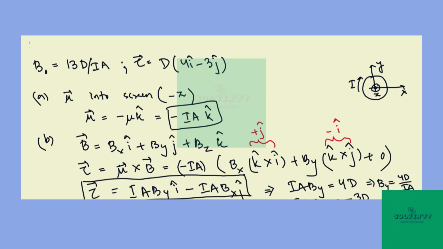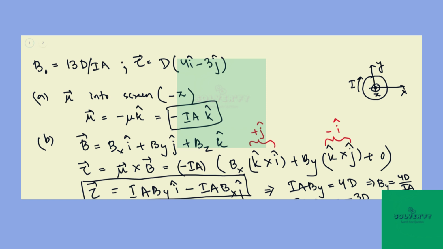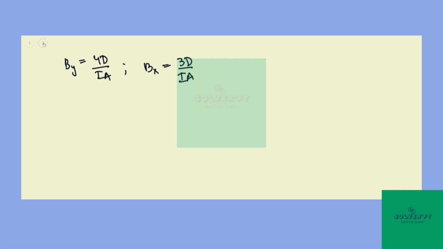Okay, let's just write this on the next page. So we got By to be equal to 4D over IA, and Bx is equal to 3D over IA, from these two equations that we got from comparing the components of torque.